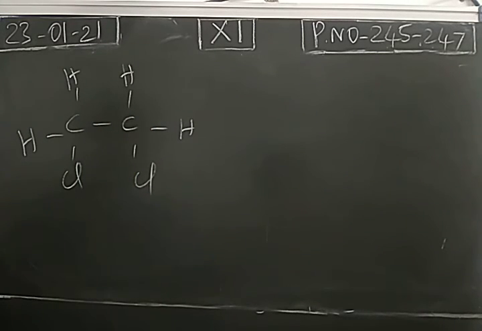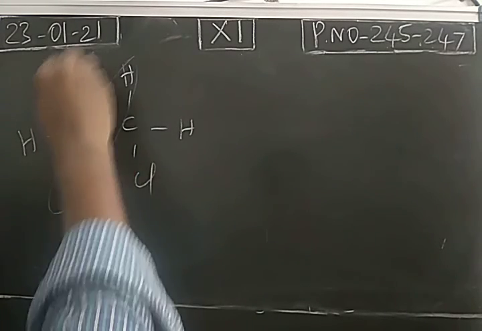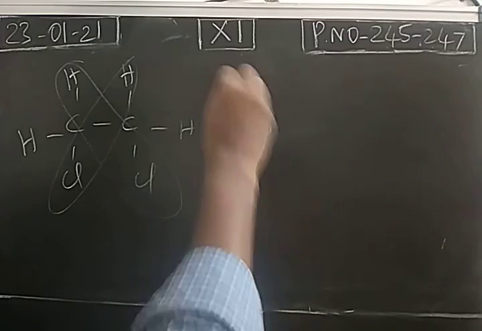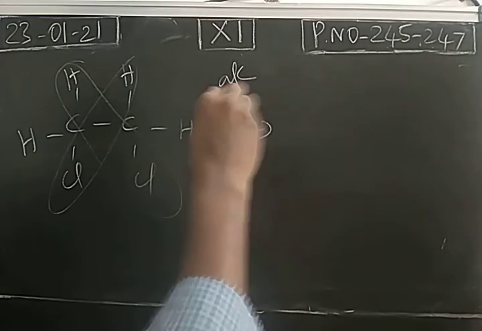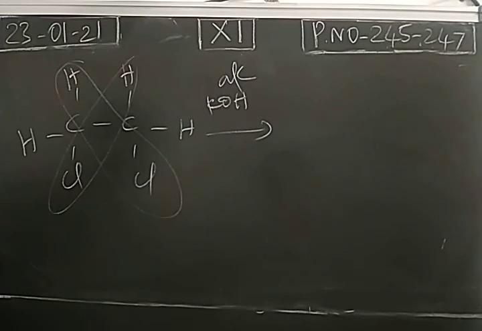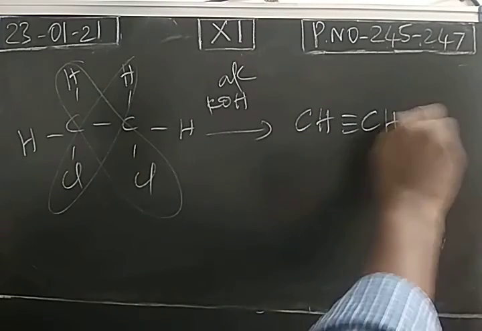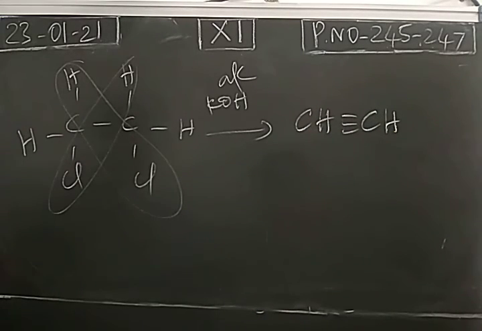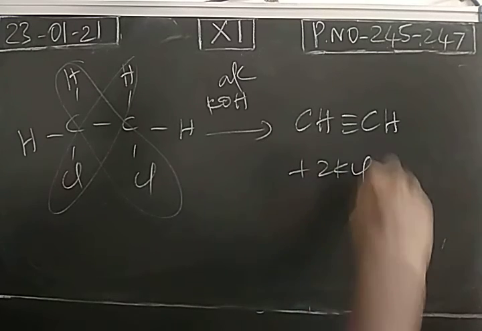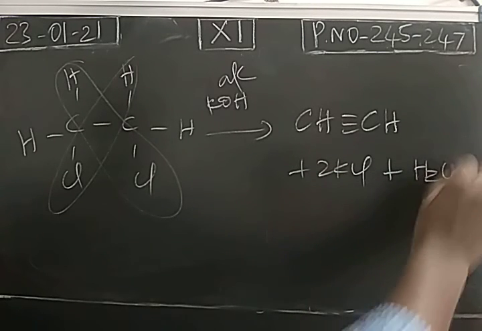Ethylene chloride with alcoholic potassium hydroxide undergoes the dehydrohalogenation process. So we will get ethyne, with the liberation of potassium chloride and water.